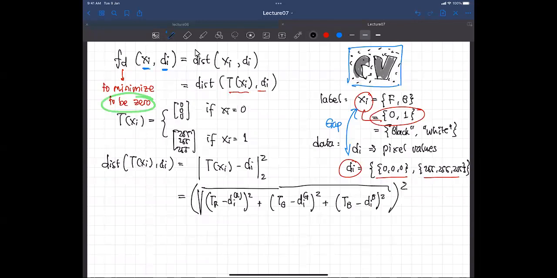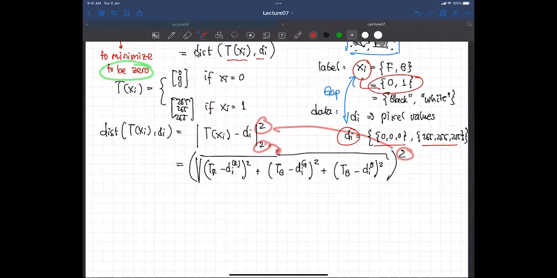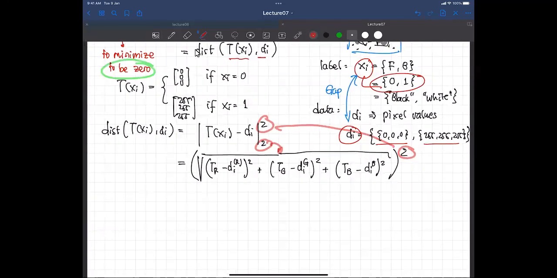The 2 here refers to this 2. The 2 here means the norm, the Euclidean distance. The Euclidean distance is this one, the square root of the sum of squares. Okay, so that's the meaning. This is called the Frobenius norm squared. But anyway, that's just a name. So you know the meaning of this, right?